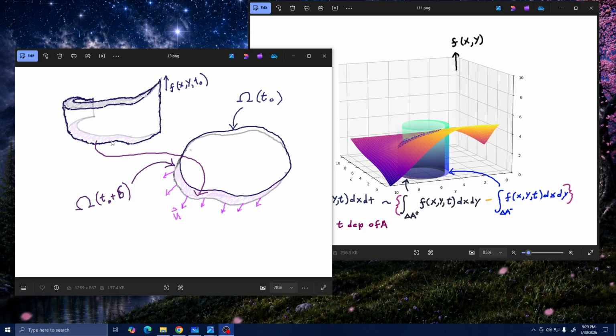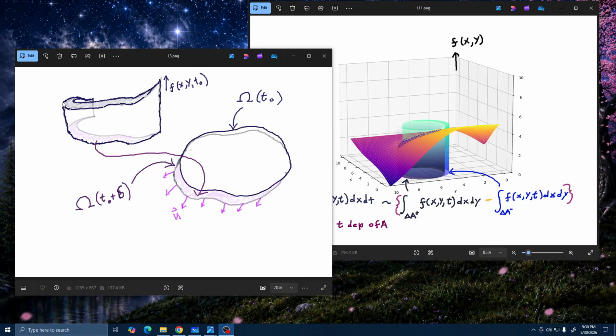There's some area on the base that's bounded by these omegas at t naught and t plus delta. And then there's a function above it, and the function has some sort of shape that might bend or curve. That's above this area. So what's going to be neglected is the difference in the function from here to here.